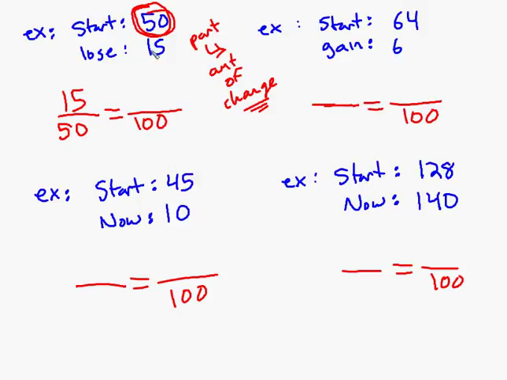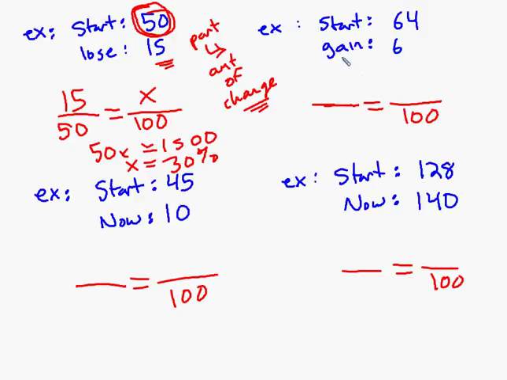I ended up with 35, that's true, but 15 is the amount of change. So we have to be careful when we think. So we have 50x equals 1,500, then we divide by 50, and what do we get? 30. So it's a 30% change. Do you understand why it's 15? We don't always subtract these. You have to think about what you're doing.